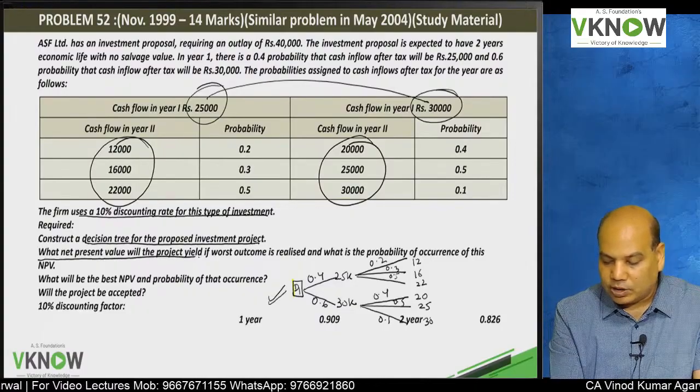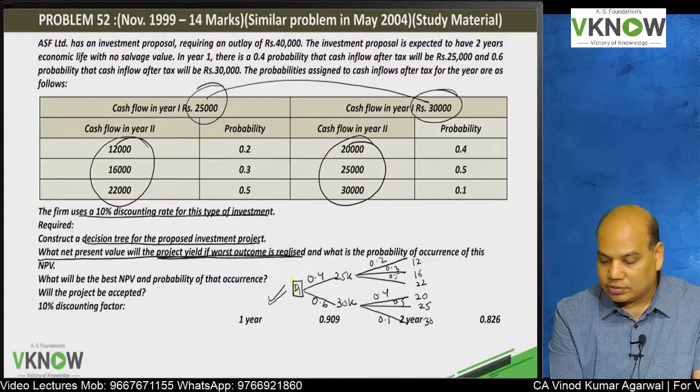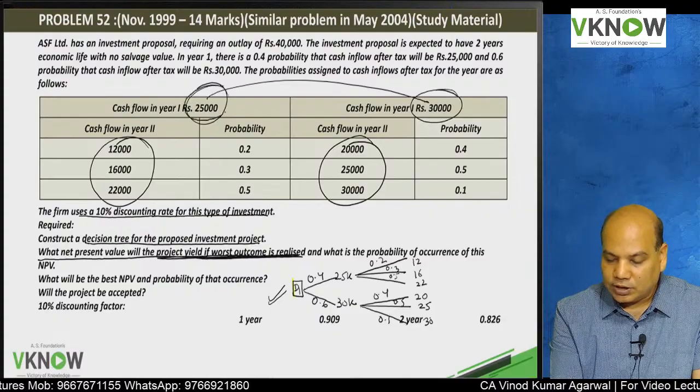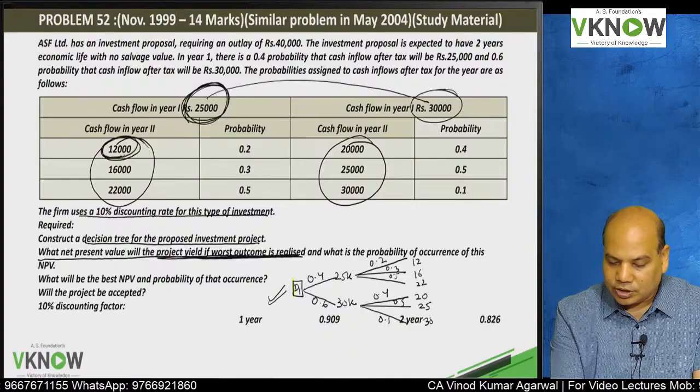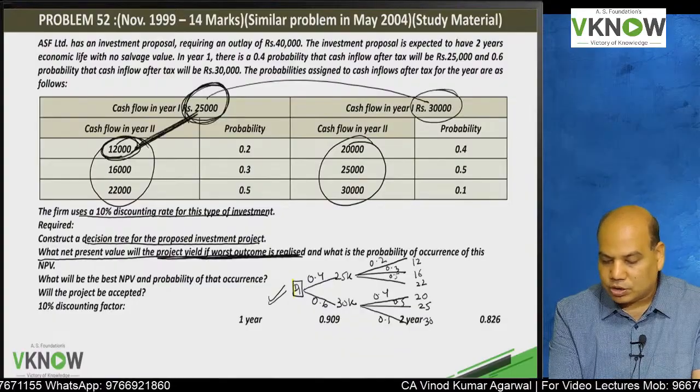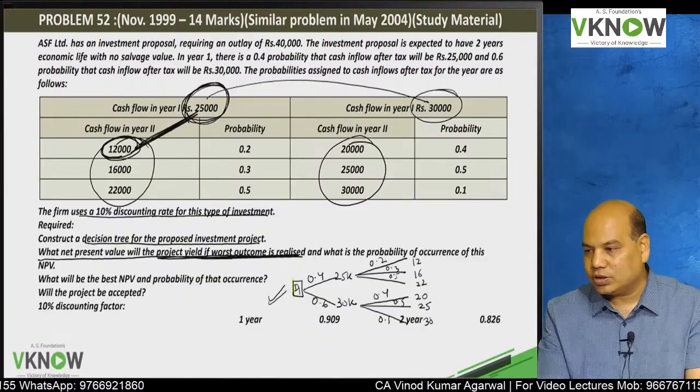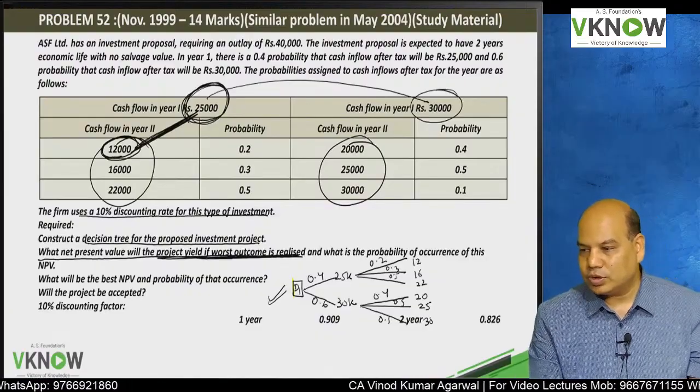What NPV will the project yield if the worst outcome is realized? Worst outcome means you will get 25,000, the lowest, in the first year, and 12,000 in the second year. This is the worst combination. Lowest, lowest, lowest, lowest.